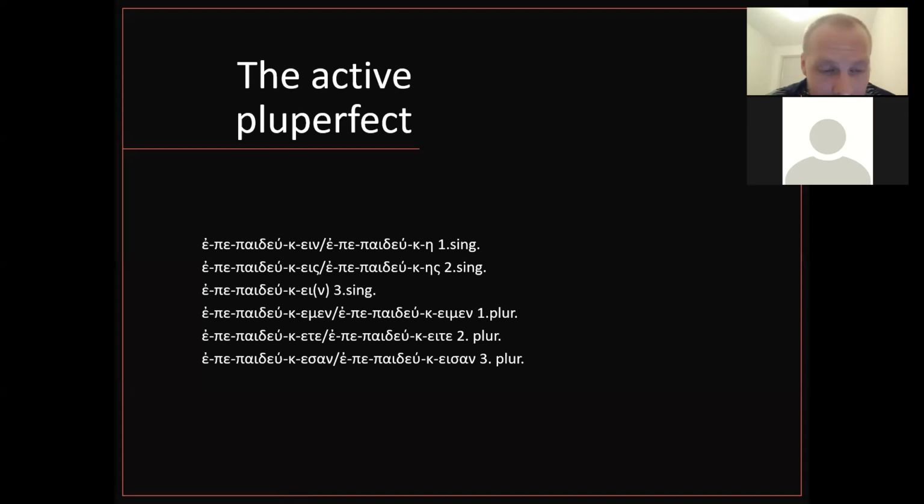So these endings are common in Homeric Greek, for instance, while the alternative forms in the first, second, and third person plural with the ei diphthong as part of the ending are later ancient Greek variants.